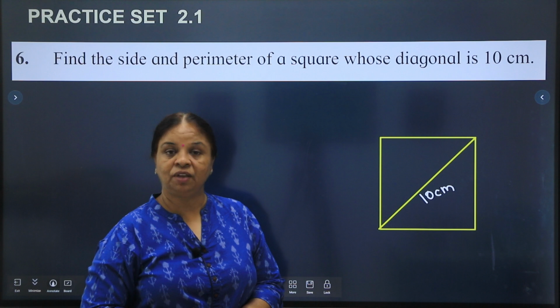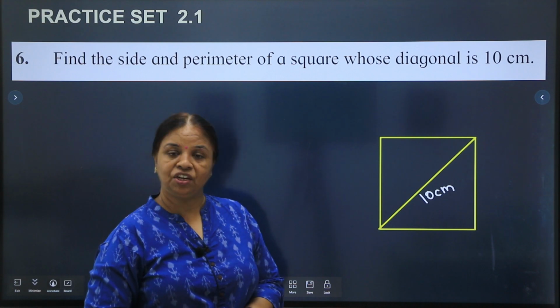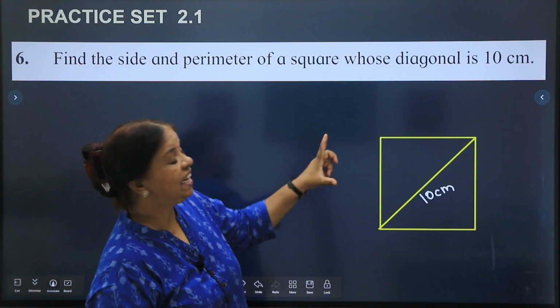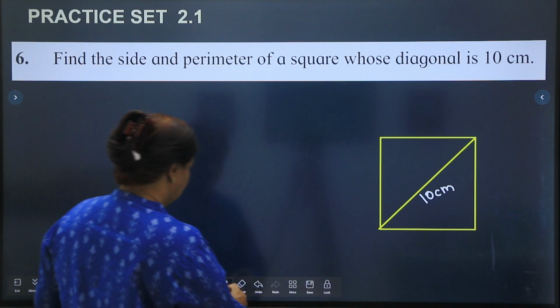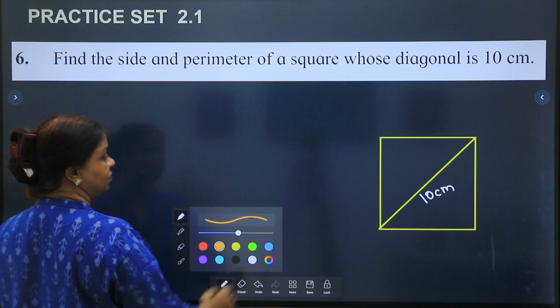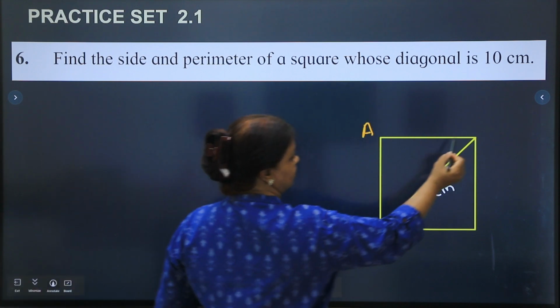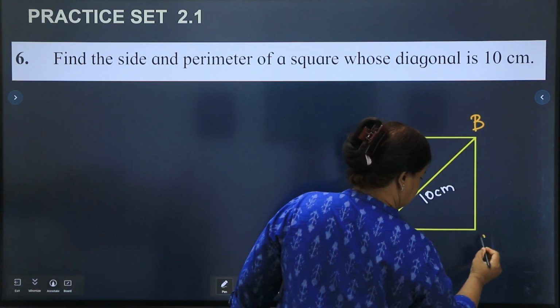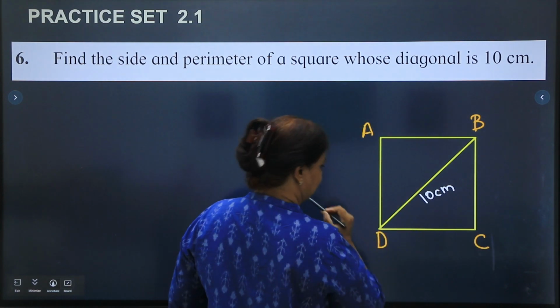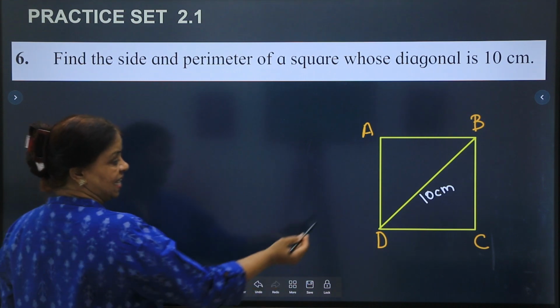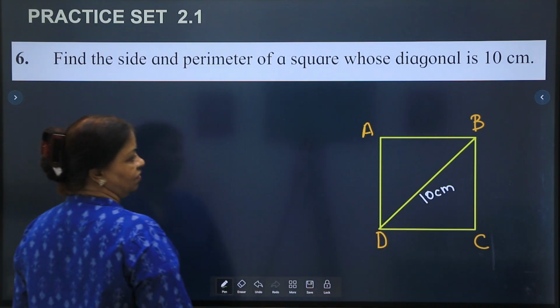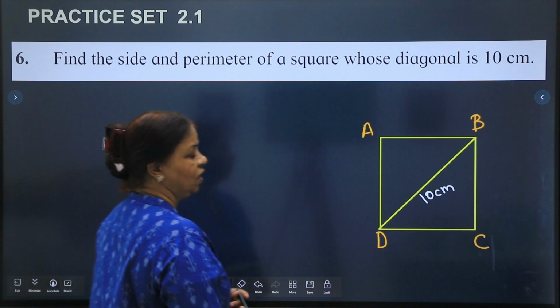We need to find out the perimeter and the side of the square. Let us label it A, B, C and D. So our square is ABCD. Diagonal is given as 10 centimeter. We need to find out the side.